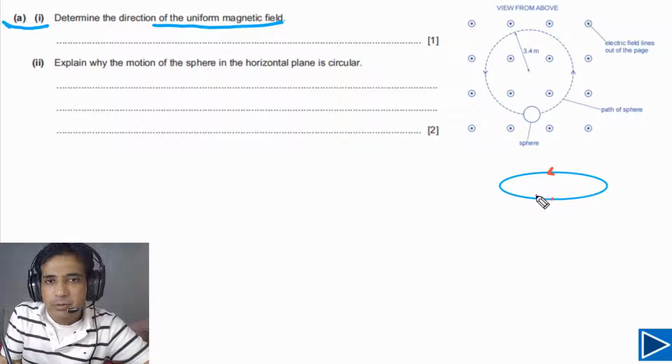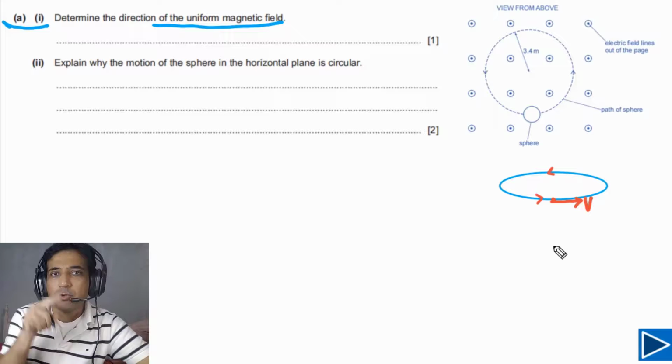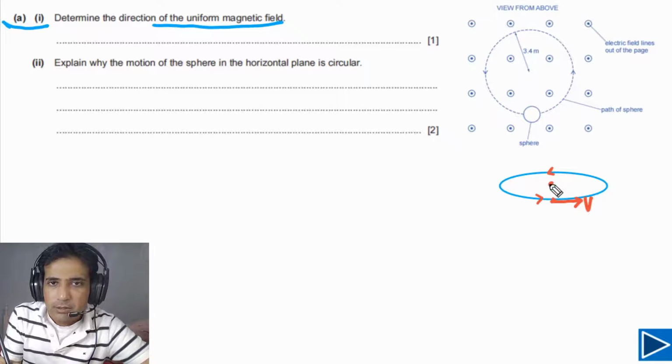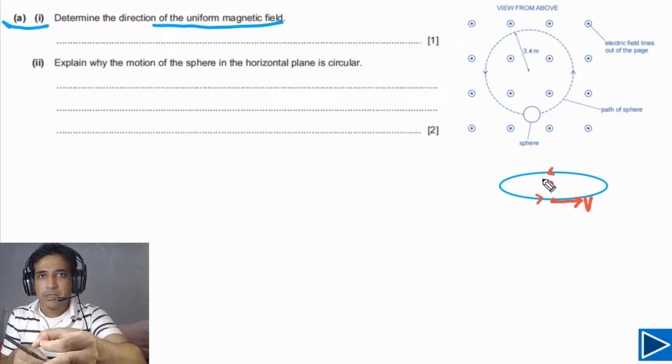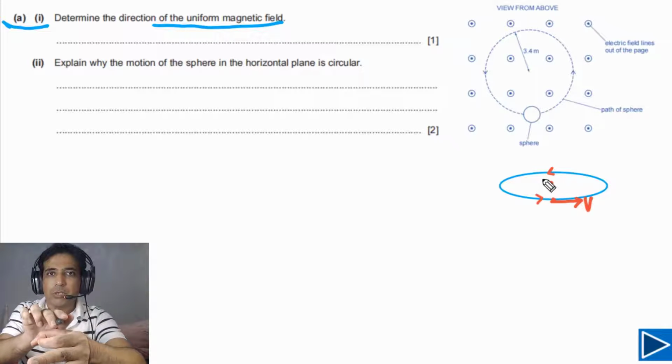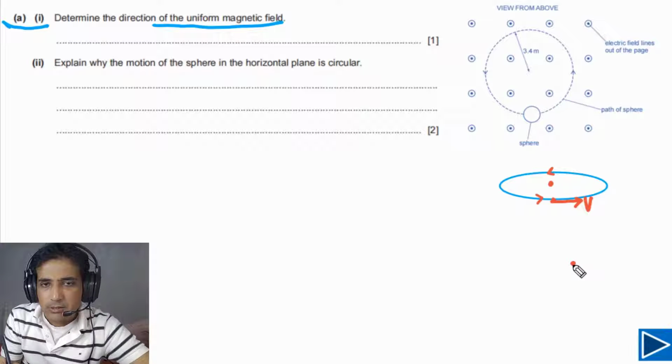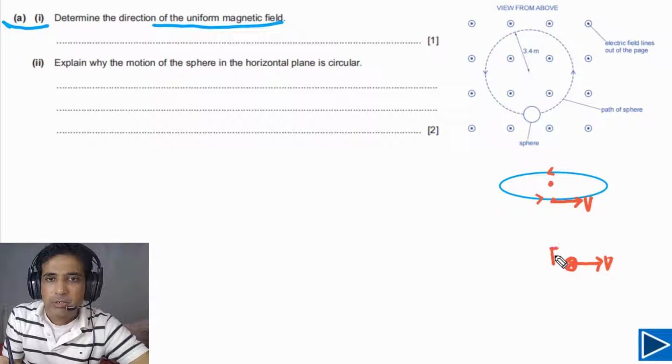If we take this point, at this point particle is moving to the right, so we can say this is V, and the force acting on this particle is towards center of this circle. Or if I take this horizontal plane here, in this case force is into the page. So we can say V is this way, and the force on this particle is into the page. So this is direction of force.